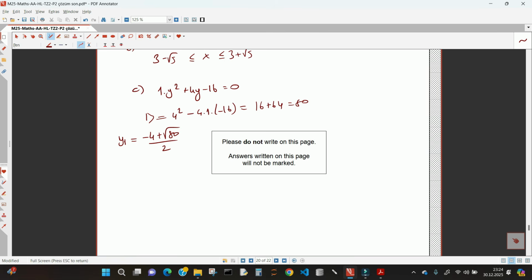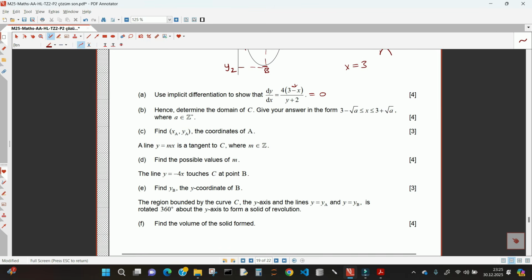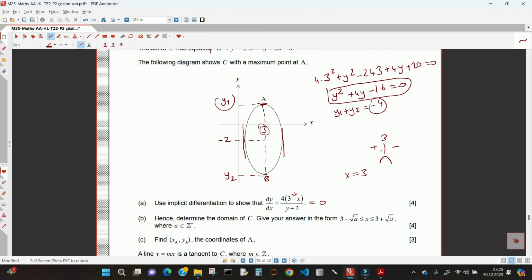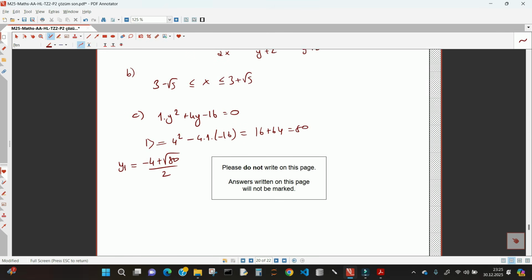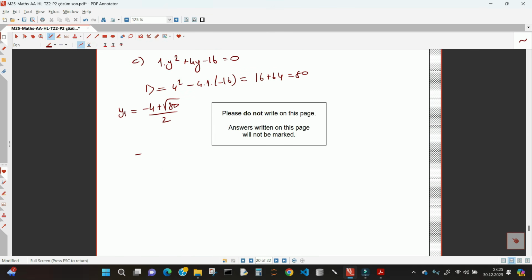And I don't need to write y sub 2 because this value will be positive, which is the y value of the A coordinate, and I need this y sub 1, which is minus 4 plus 4 times square root of 5 over 2, and that is minus 2 plus 2 times square root of 5.